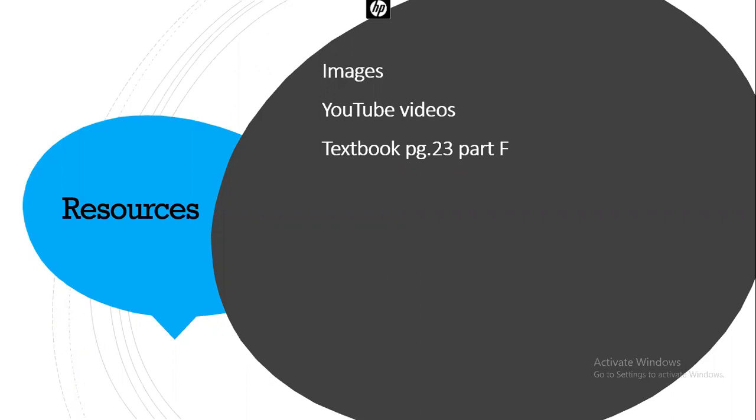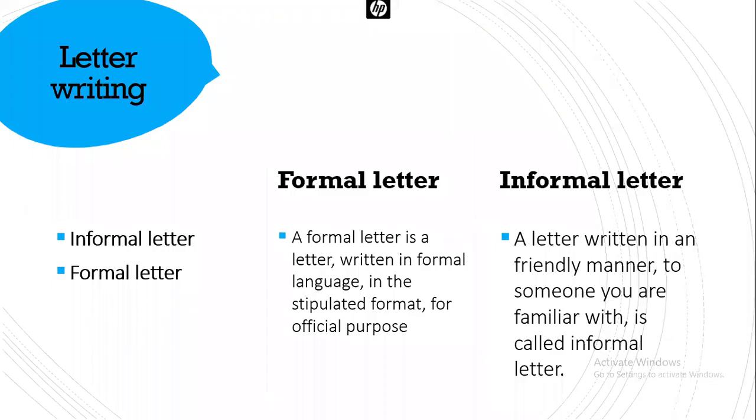And the topic that we have taken is from your textbook, page number 23, part F. Now, since class 3, people have started doing the letter writing. So I think all of you are familiar that the letter consists of two kinds, that is informal letter and formal letter.